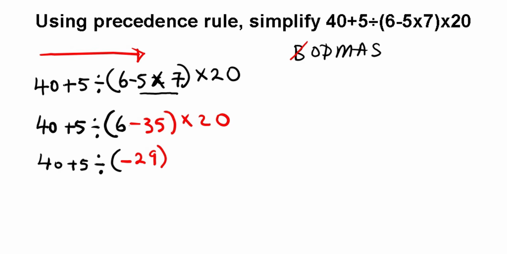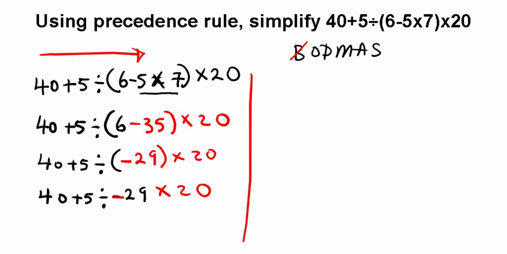Then multiplied by 20. So we're going to have plus 5 divided by negative 29. We're going to have negative 5 divided by 29. Then multiplied by 20.